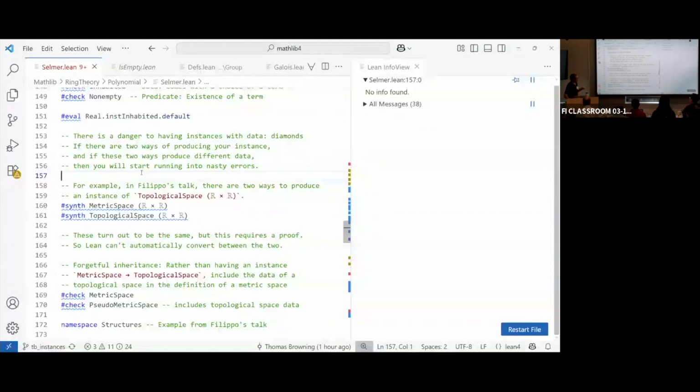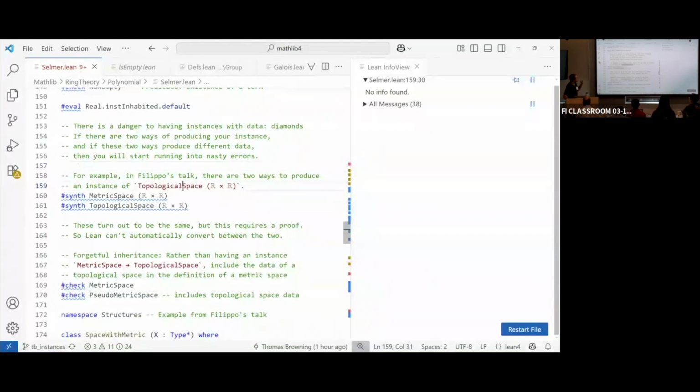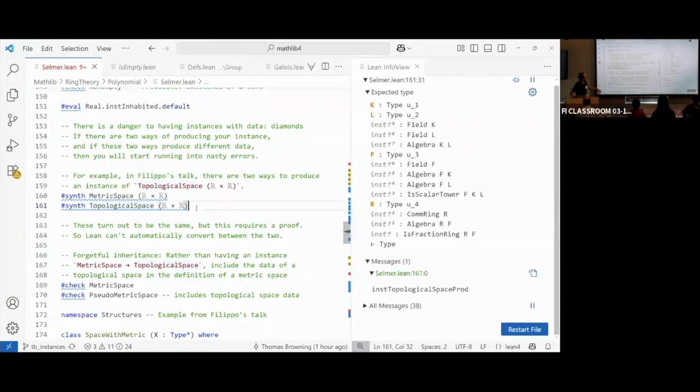The example in Filippo's talk at the very end was that, using the bad definition of metric space, or actually even using the good definition, there are two ways to produce an instance of topological space on R cross R. You could get it by directly taking the product of two topological spaces. Or you could say R is a metric space, we take the product of metric spaces with the max metric, and then we turn that into a topological space.